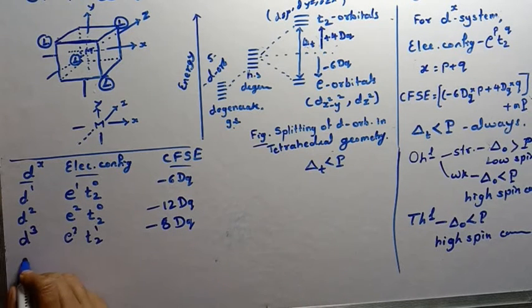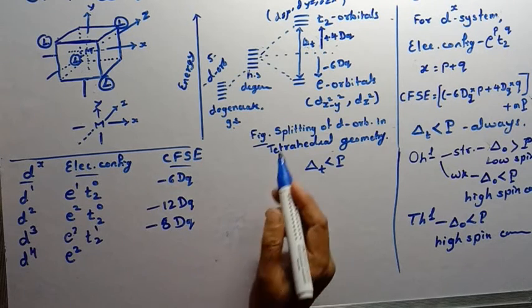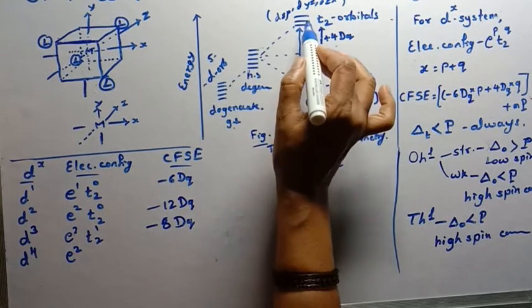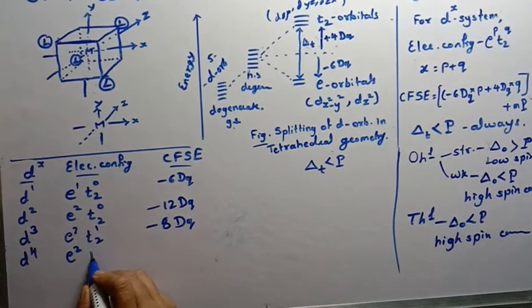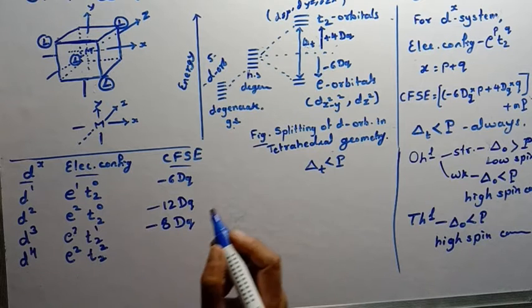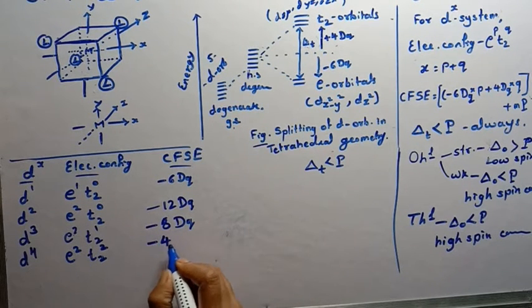With the d4 system, once again this is singly occupied and this distance is smaller, so easily it goes to higher energy level. Therefore the fourth electron enters the t2 orbital, so once again plus 4 Dq, it comes to minus 4 Dq.